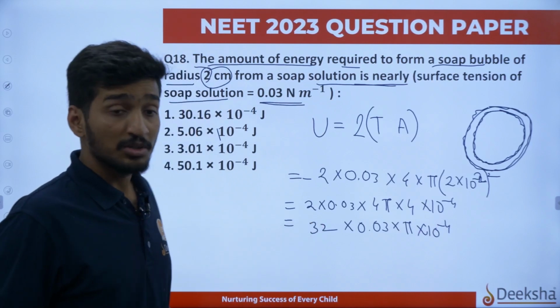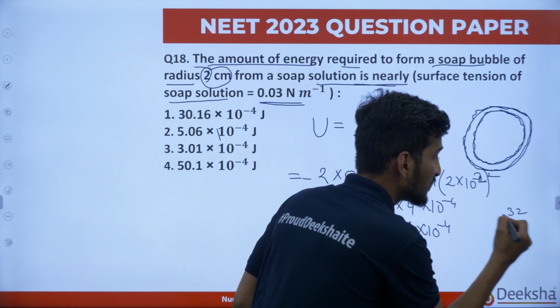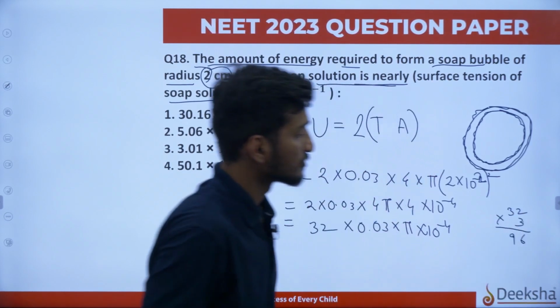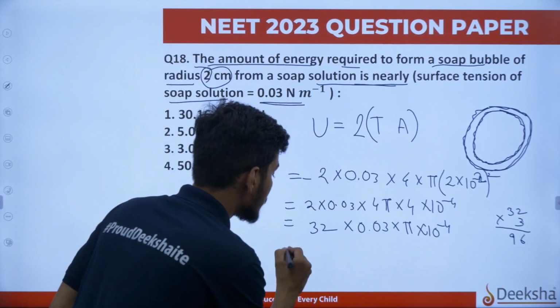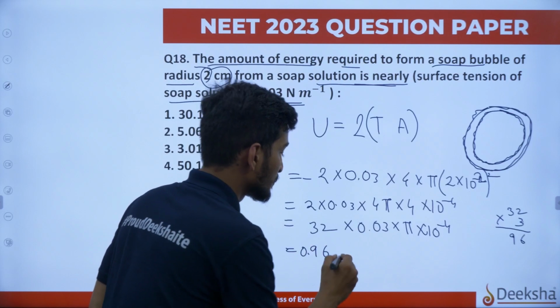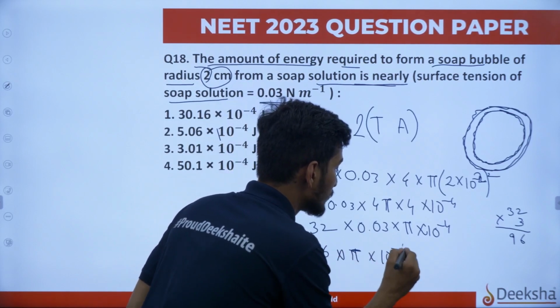Okay, let's do this calculation. 32 into 3. Do it with me, okay? No calculators, no cheating. Am I right? 96? Let's write 96 here, with two zeros after, into pi into 10 to the power minus 4.